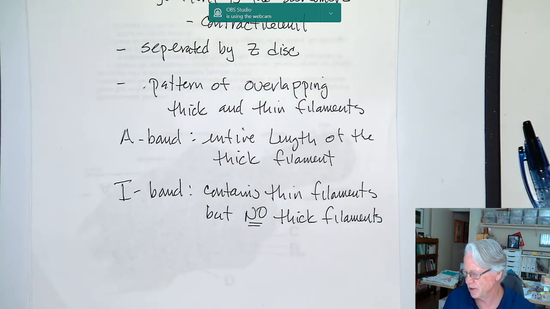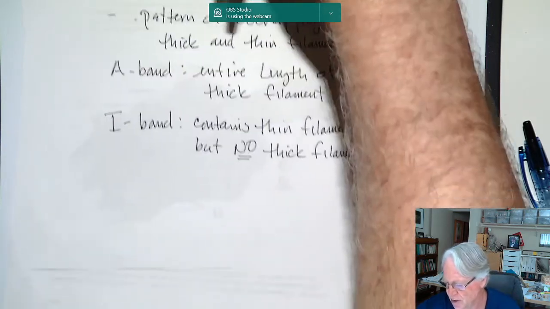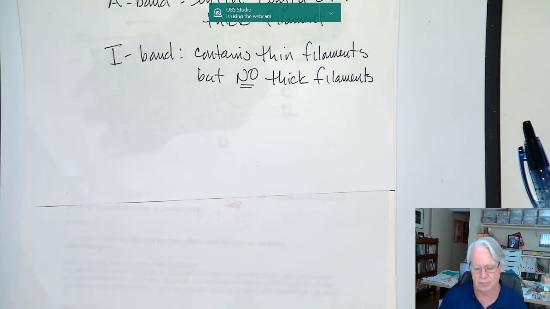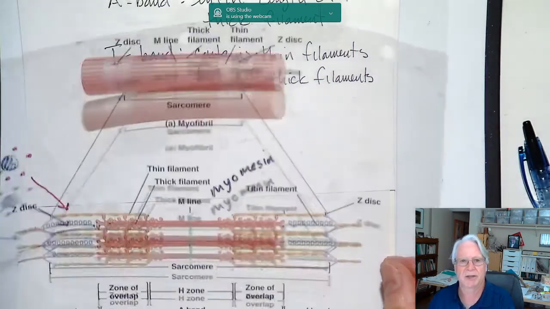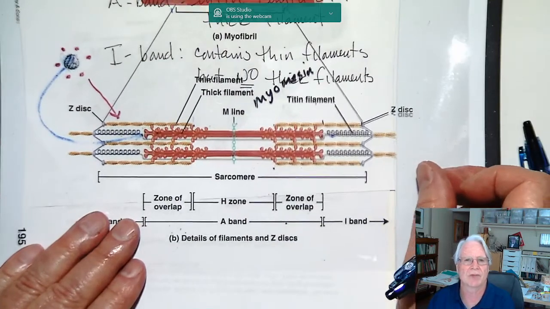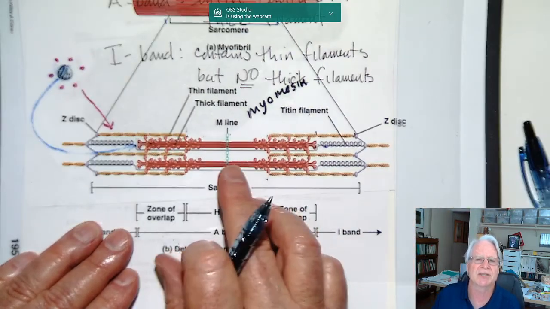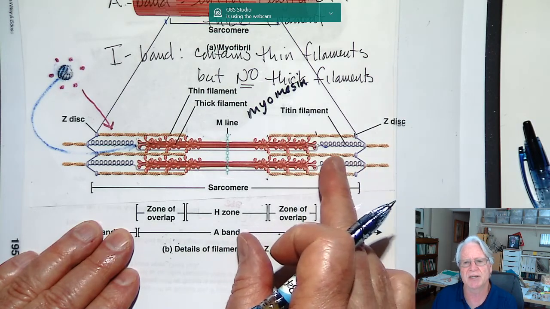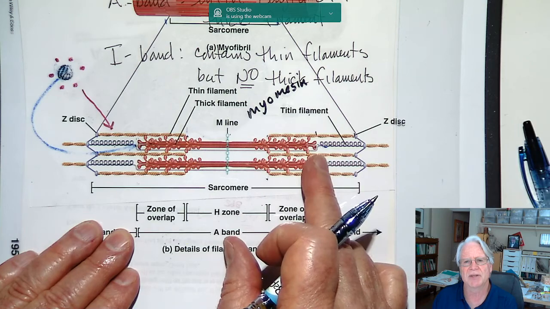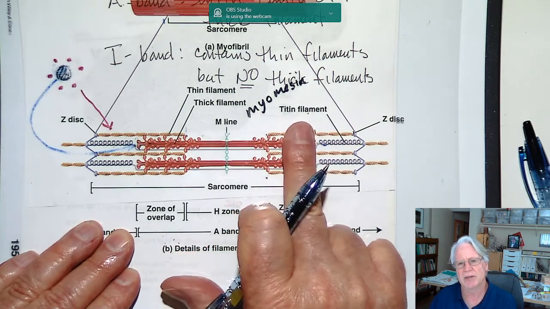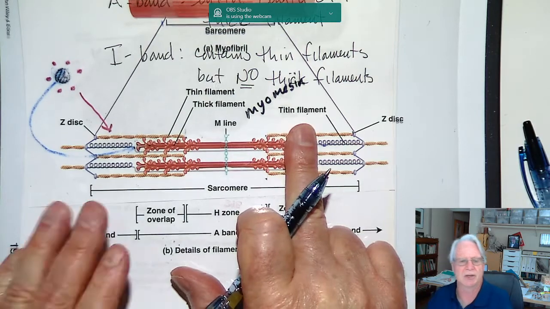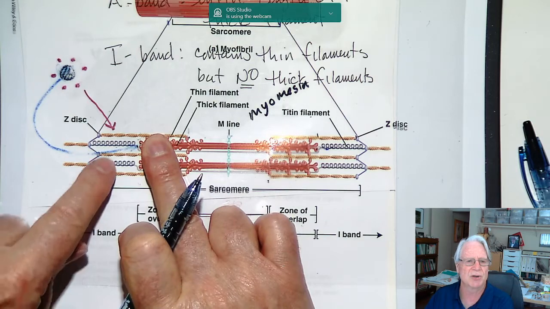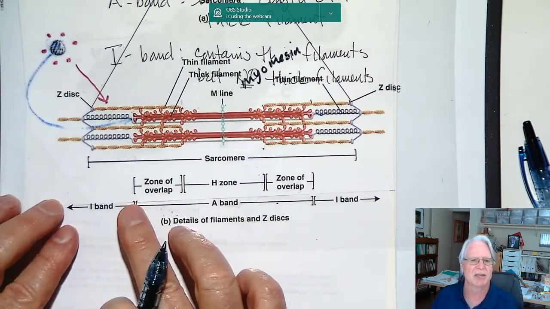Okay, so let's relate our statement to the actual image. It contains thin filaments but no thick filaments. So here we have this area right here. We have thin filaments. Everything on this side of my finger is thin filaments. Everything on this side of my finger is thin filaments. And see, there's no overlap with the thick filaments. So that is my I band.